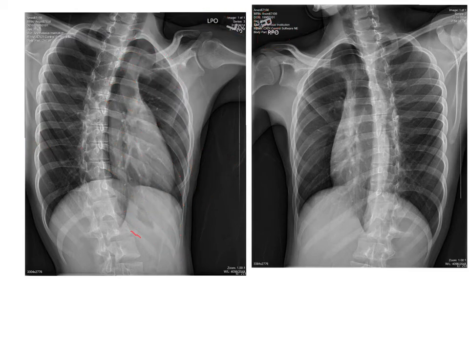Keep in mind that LPO and RAO will look very similar on an X-ray. The differences are so subtle in these images that you will most likely not be able to tell which is which.